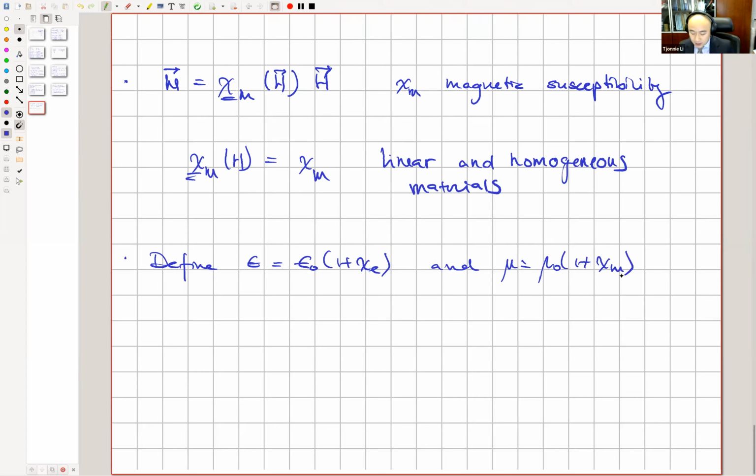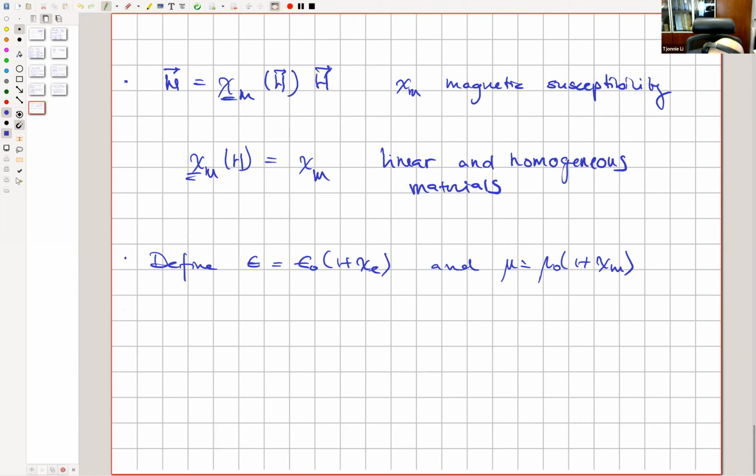Basically, what we started off with saying is that when we have some dielectric, instead of this epsilon naught, we get an effective epsilon, which here we've defined as epsilon naught (1 plus chi e) or mu naught (1 plus chi m). The reason is that then the equations become fairly straightforward.